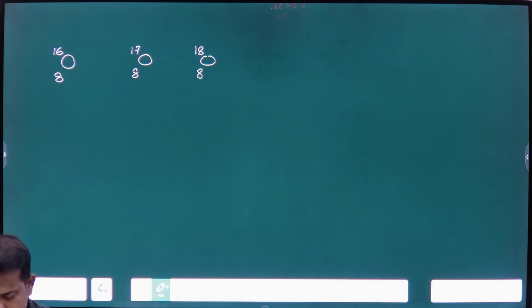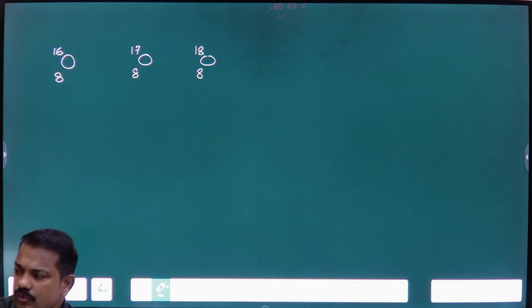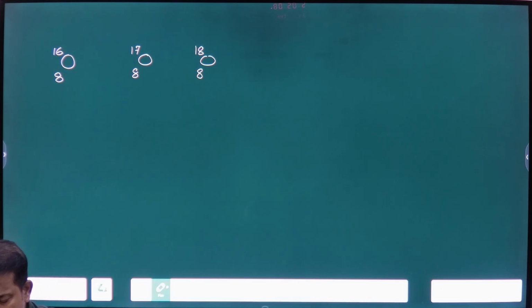Next question. What is the reason for the fractional atomic masses of elements? Answer.